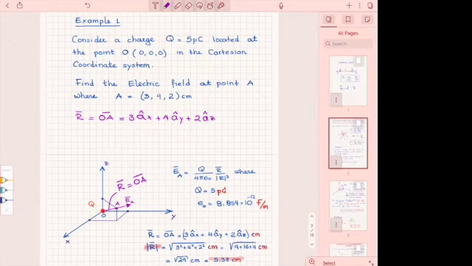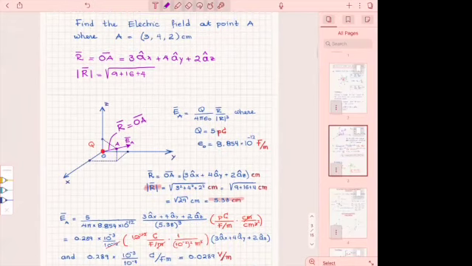So now I have a vector immediately. Since I have a vector, I can find its magnitude from the square root of the squares of the 3 components. So 9 plus 16 plus 4, which I have down here.